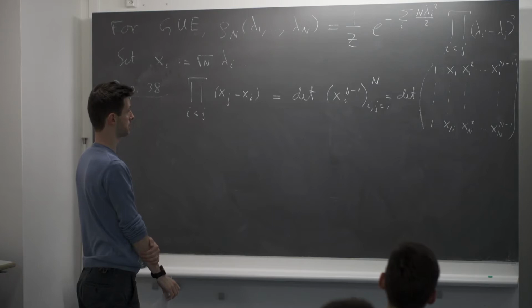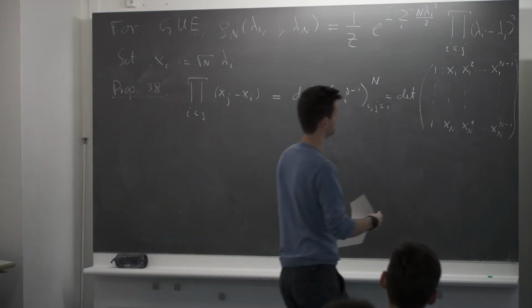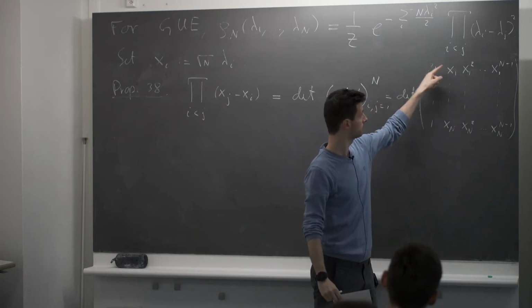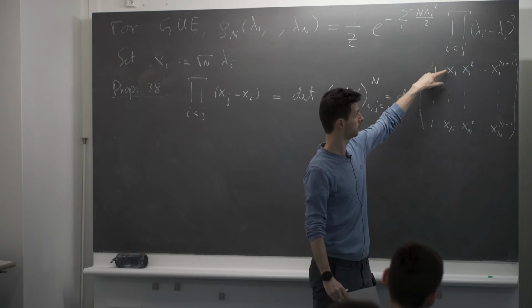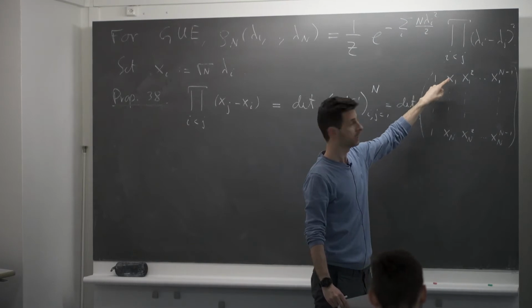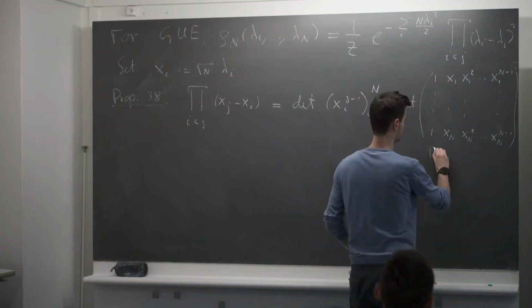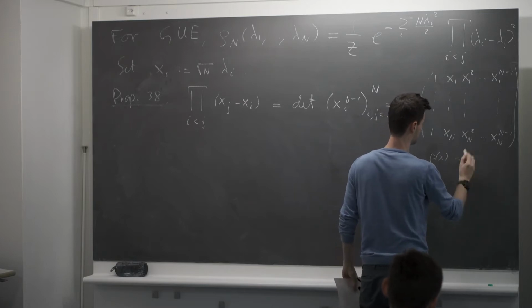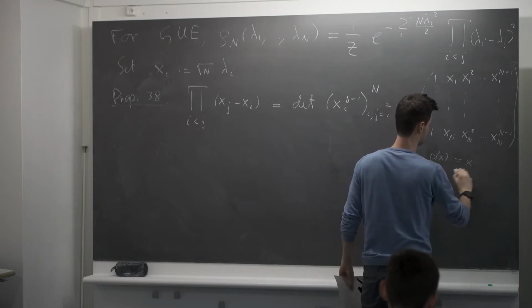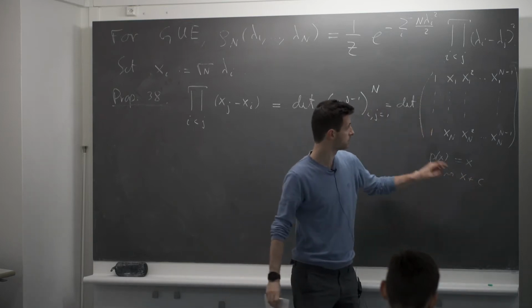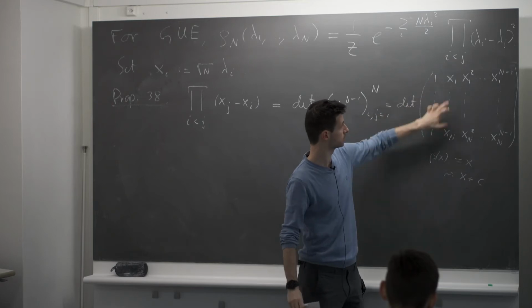Okay, so this is my determinant, and now you notice, for example, in this column here, every entry is a simple polynomial of the variable xi. It's the polynomial x. But I could replace the polynomial p of x, which is equal to x, with x plus c for any constant c, just by adding c times the first column to the second column.